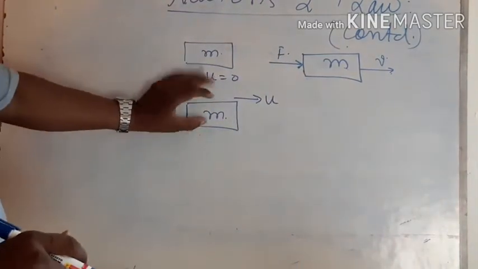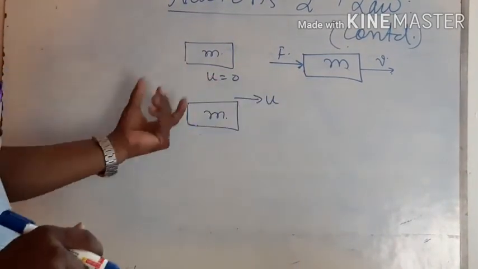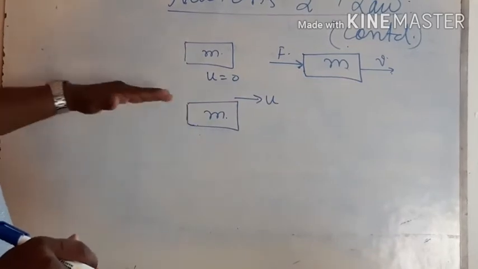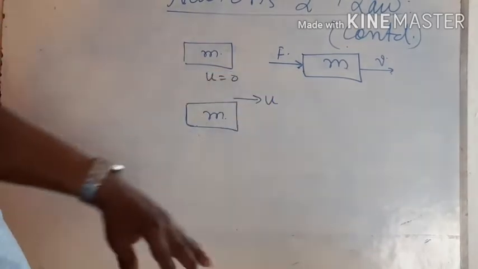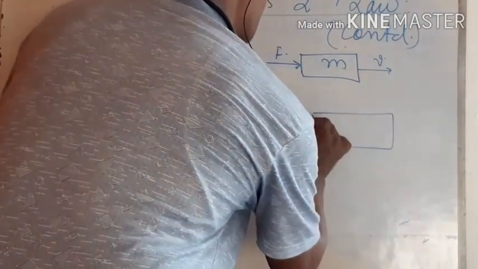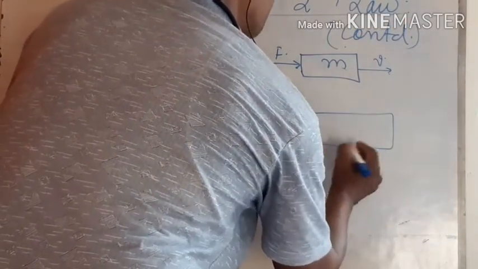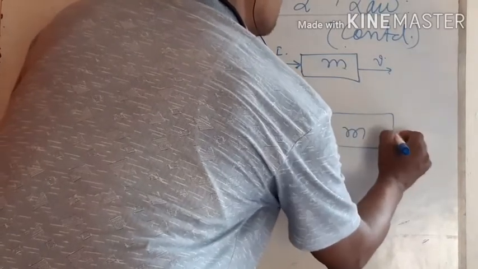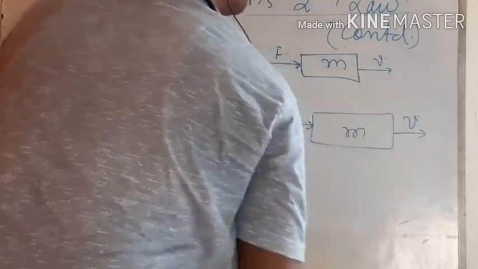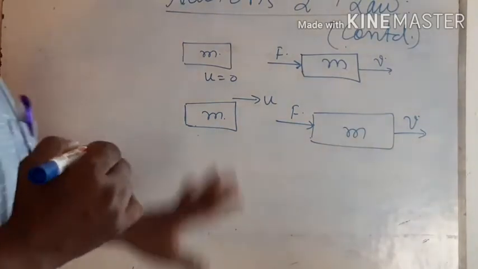If the object is moving with initial velocity u and there is no force acting on it, it will move with the velocity u. Now if the same moving body is applied with a force, then its velocity will change. So these are the first law.